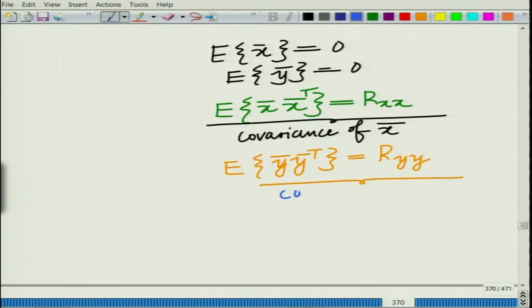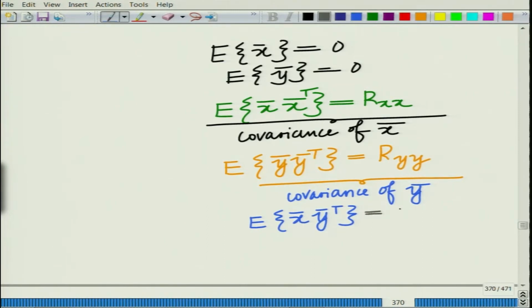And the interesting quantities are expected value of x bar y bar transpose, which we denote by Rxy, and expected value of y bar x bar transpose, which is Ryx.